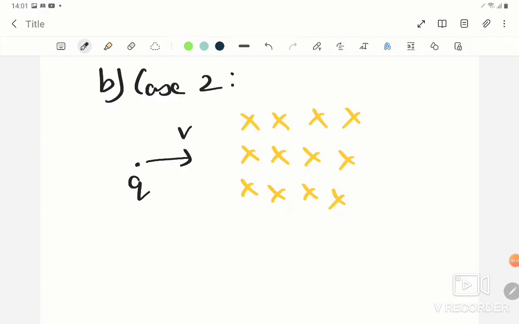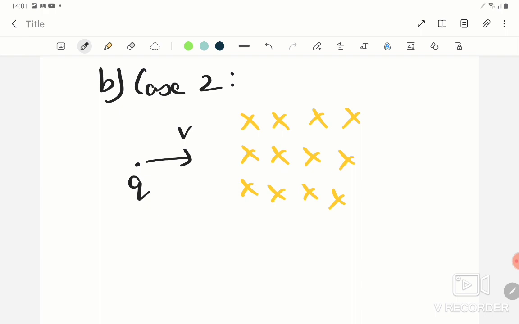Yes students, in the second case, charge is entering the magnetic field at an angle of 90 degrees. As you can see here in the diagram, the magnetic field is inside the screen which is represented by yellow color crosses and the charge is having velocity towards the right side.